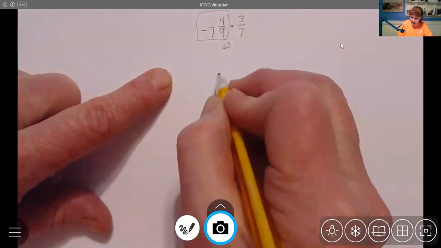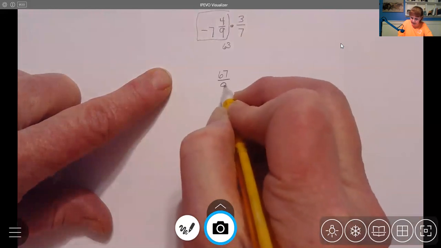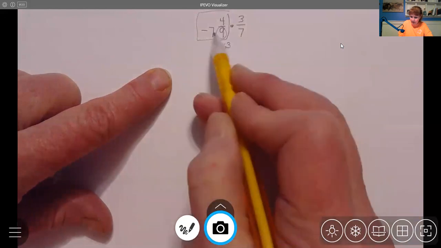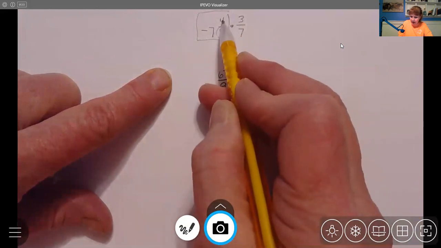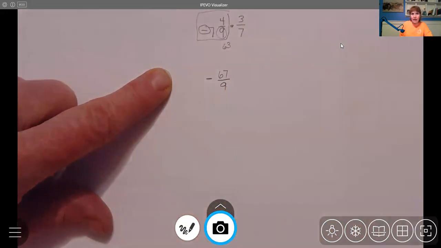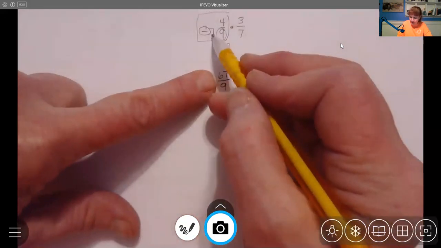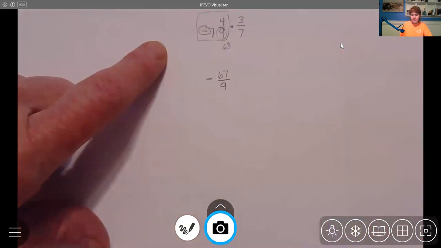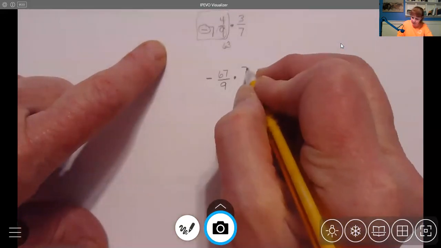So you get 67 over 9. Don't forget over that same denominator. Multiply, and then you add. It's a negative, so up to now, I've just kind of ignored that negative. Once you do 7 times 9 and add the 4, don't forget to bring the negative down. Times 3/7.